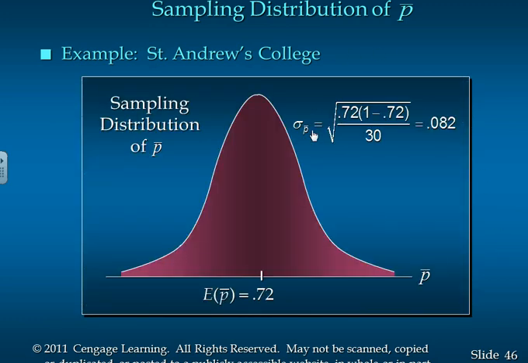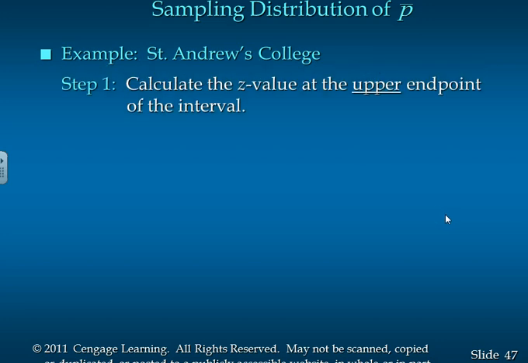We can calculate the sigma, 0.028. And what do we want? Now we're going to find the upper z value, 0.61.